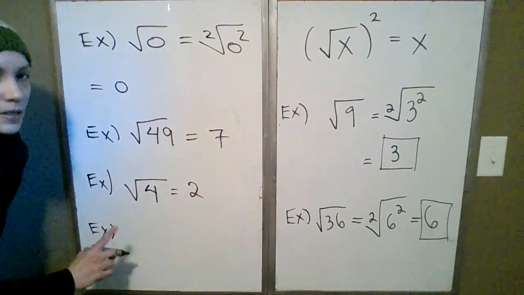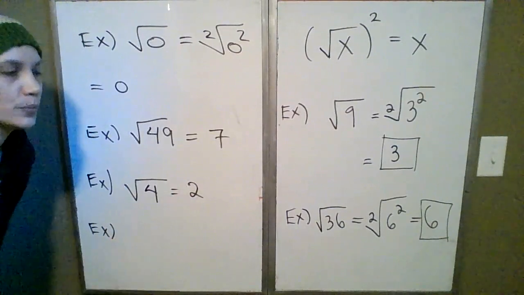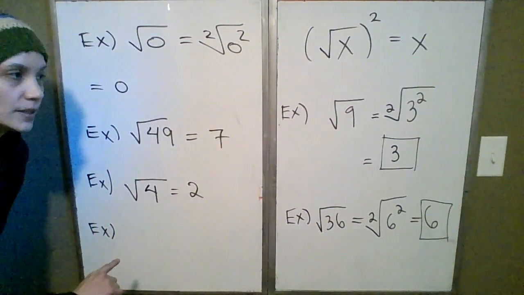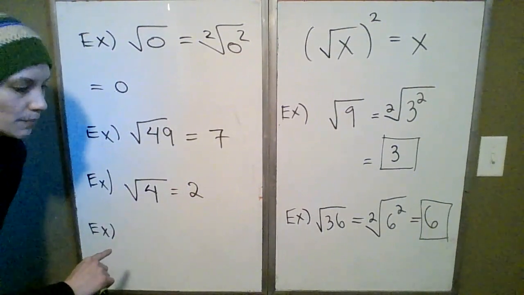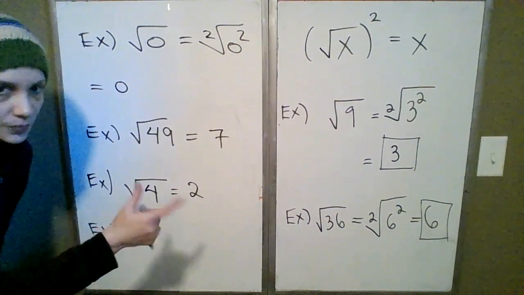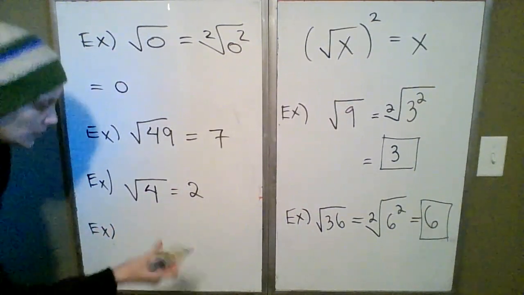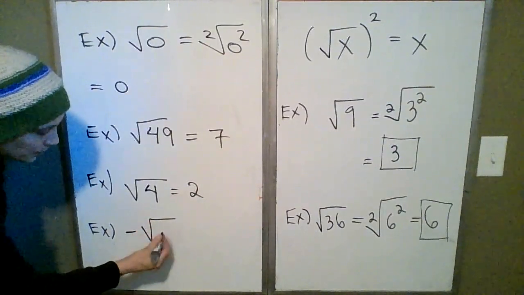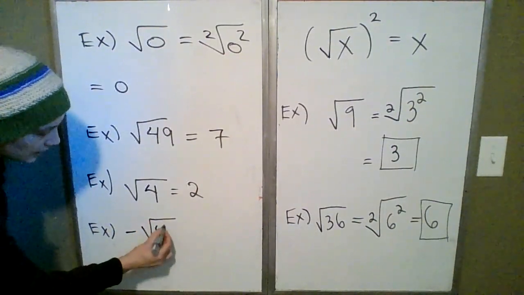However, there's something a little tricky that starts to happen when we bring negatives in. If there's a negative out in front of the radical, then you're taking a negative of whatever that radical is. So if you've got negative root, let's do 49.